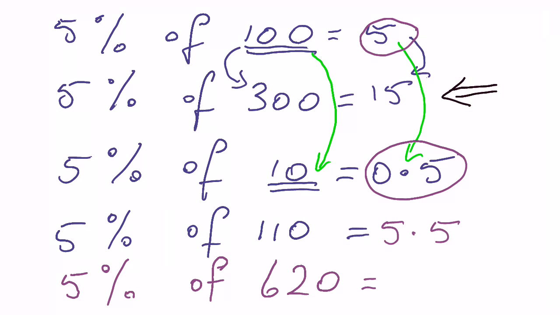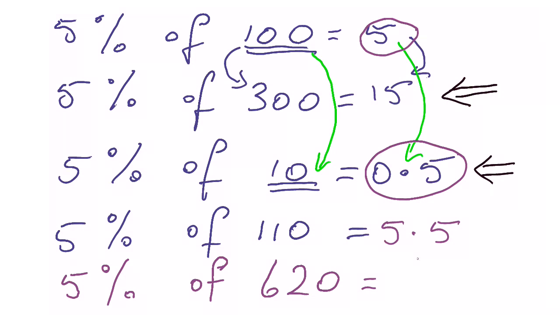I know that 5% of 300 is 15, so 5% of 600 is going to be 30, but then I also want 5% of 20, and that is going to be double this, because 20 is doubling 10. So that's going to give me a 1, because 0.5 doubled is 1.